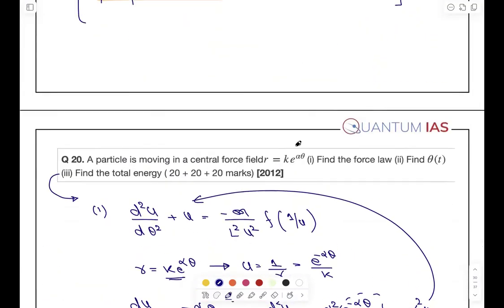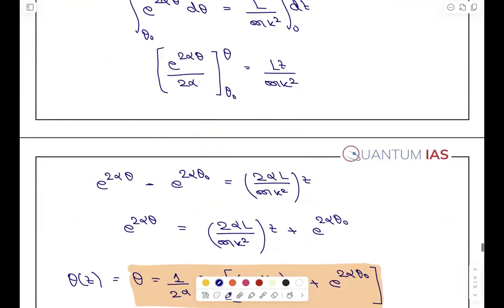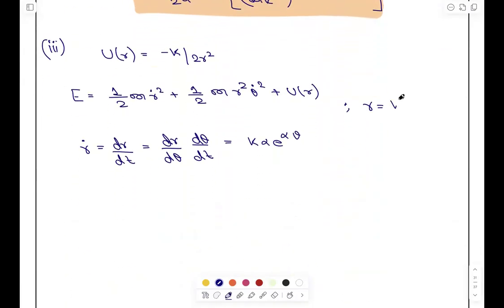So you can see from here, r is equal to k e to the power alpha theta. So dr by d theta will be k alpha e to the power alpha theta. And what is d theta by dt? It is simply theta dot. So if you see here, this k e to the power alpha theta is again r. So you can write this as alpha r theta dot. Now put it here.